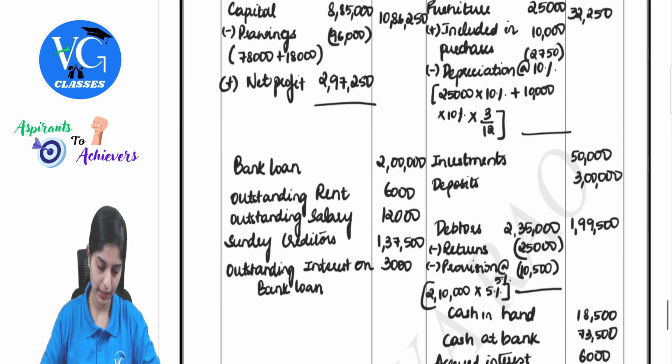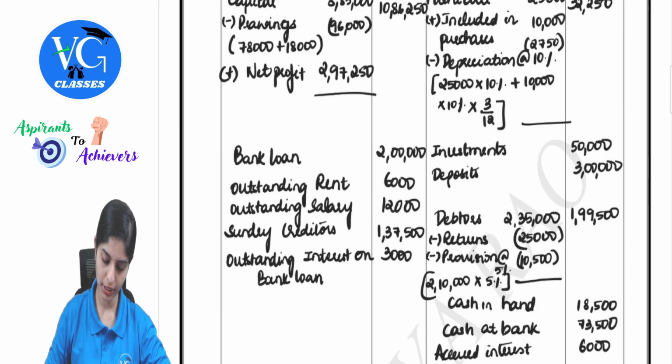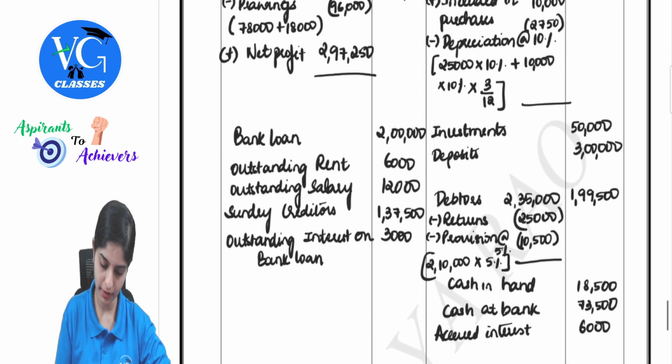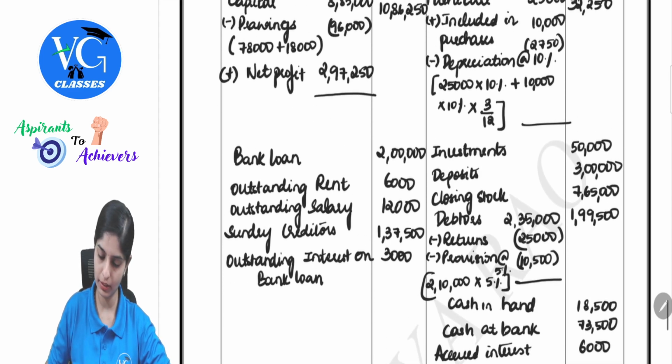Any other items missed to enter here? Closing stock needs to be entered here. Closing stock 7,65,000. Now let's check the total.